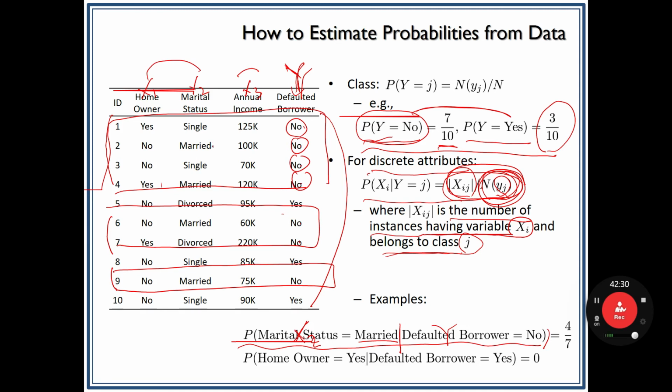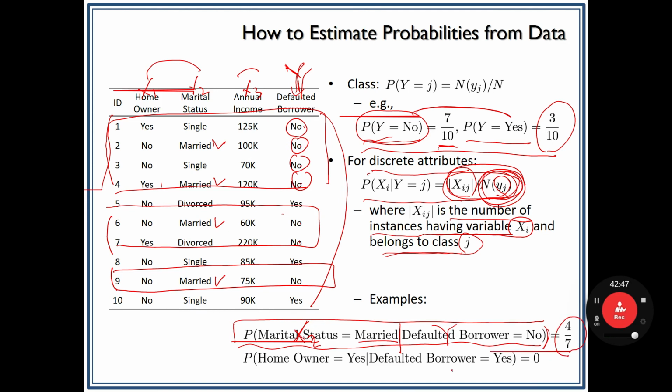There are 1, 2, 3, 4, right? So this conditional probability that marital status is married given that defaulted borrower is no is 4 over 7.